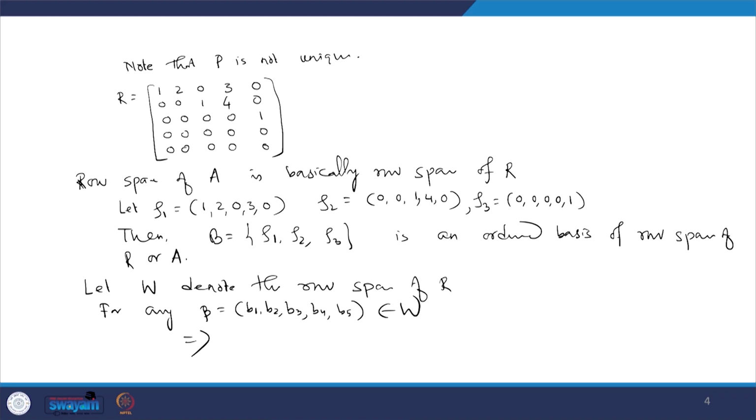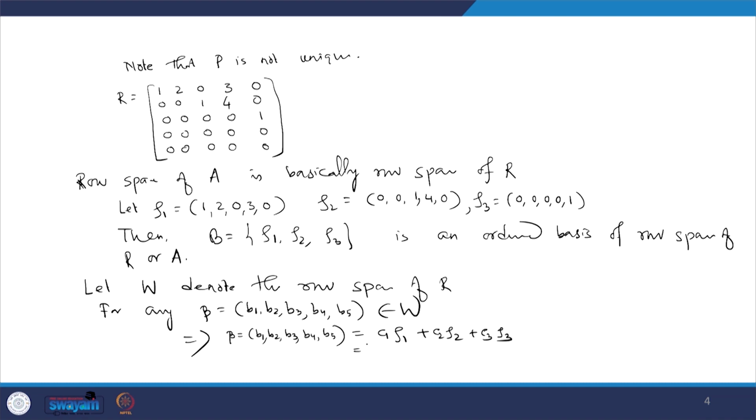I mean to say there are constants C1, C2, C3 over the field of real numbers such that beta equals C1 into row 1 plus C2 row 2 plus C3 row 3.